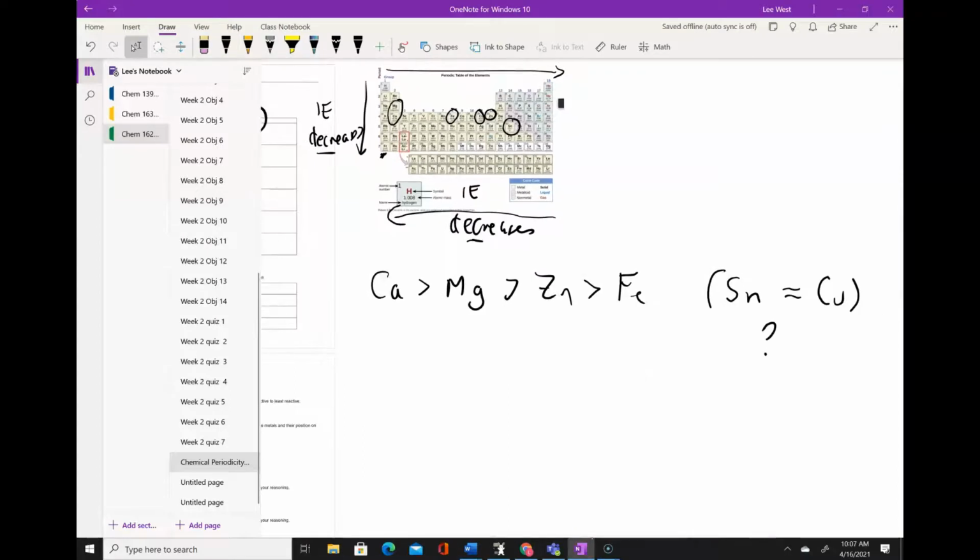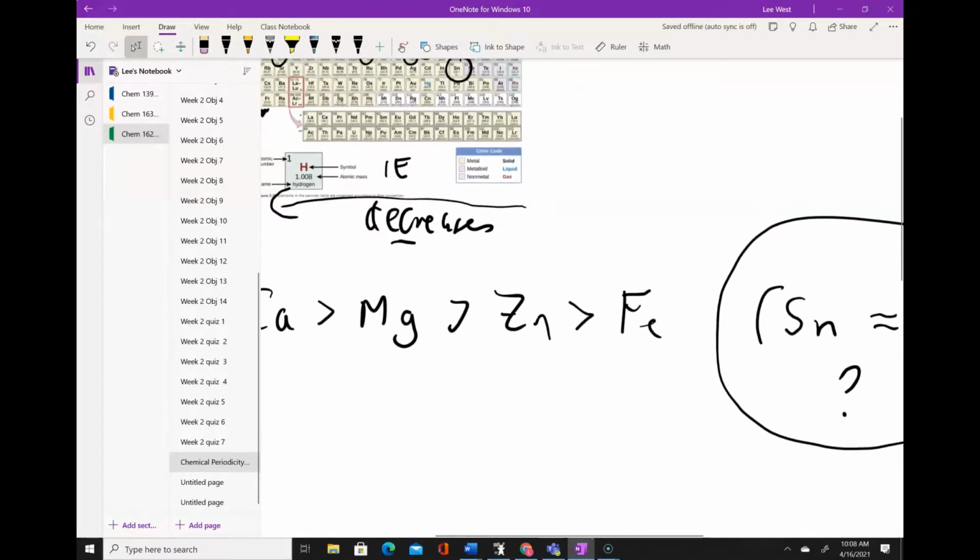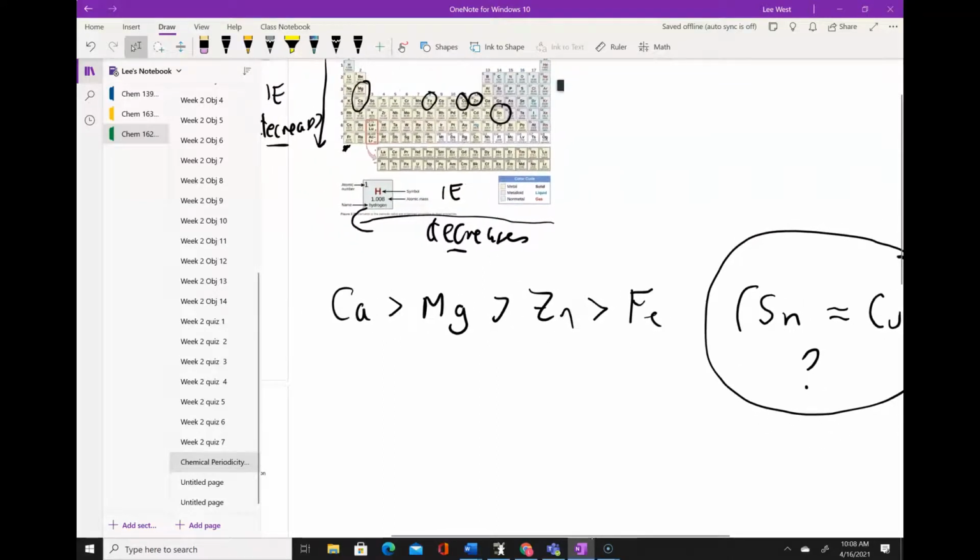If we can observe a trend across here, then maybe we can extend it to assess the reactivity to distinguish and place those in what we might expect would be the order of reactivity, right? If we had another reaction, maybe we could use some stronger acid and then see if we could get one of tin or copper to react, then we would be able to experimentally verify the order of reactivity.